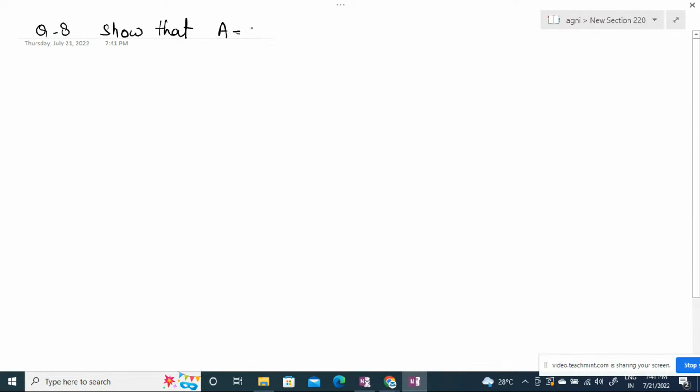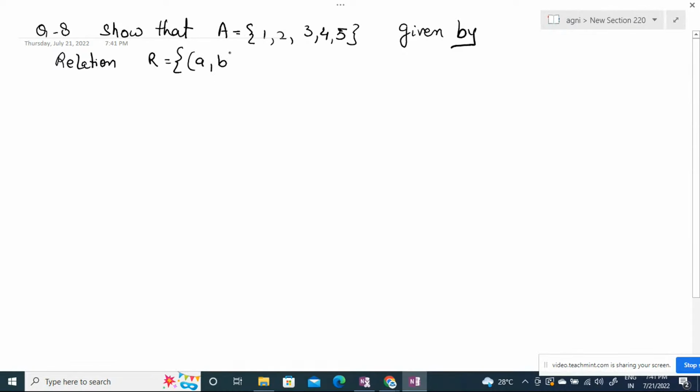Set A is equal to 1, 2, 3, 4 and 5, given by the relation R is equal to (A, B) such that mod of A minus B is an even number.